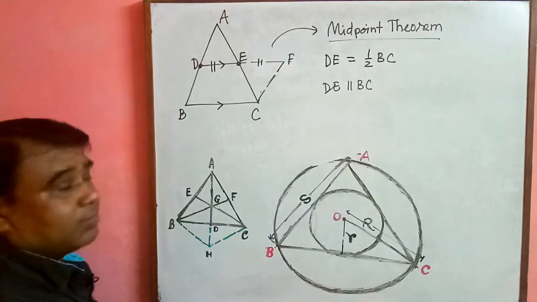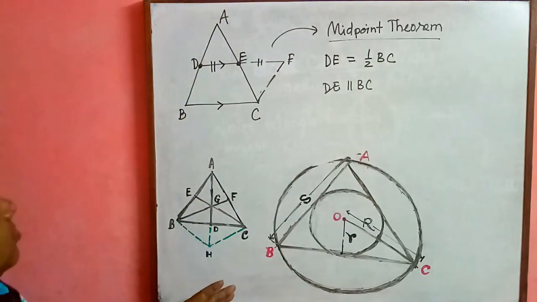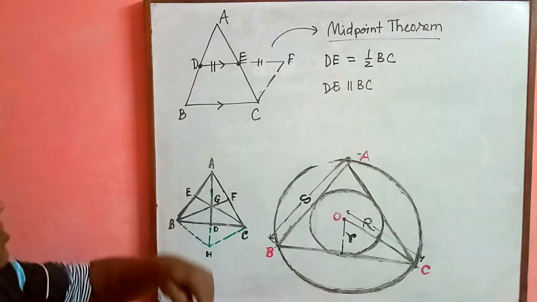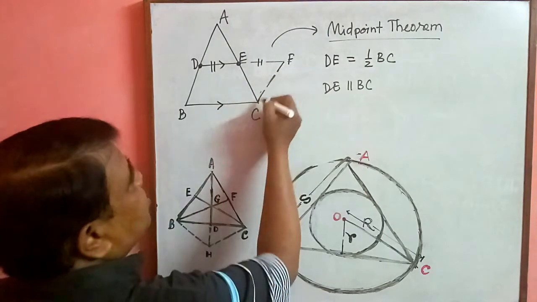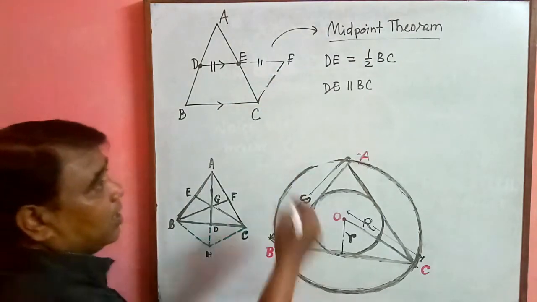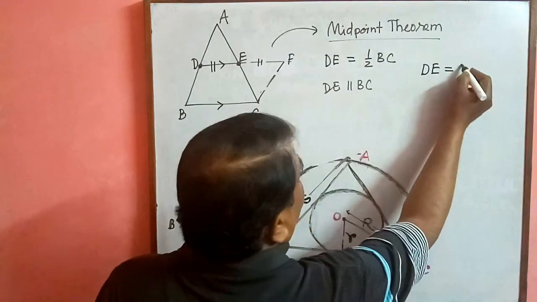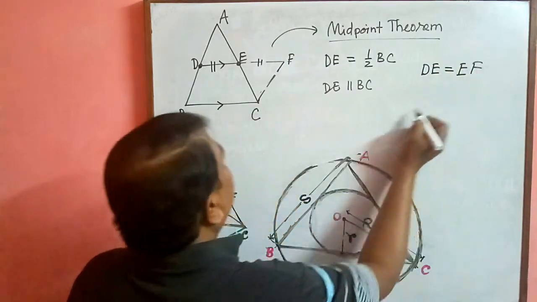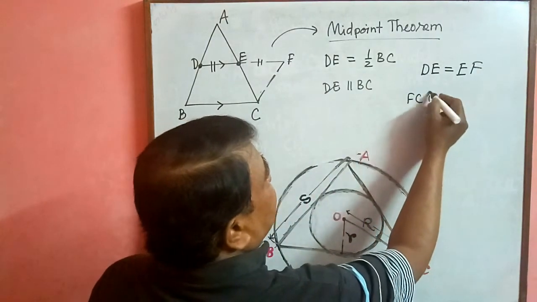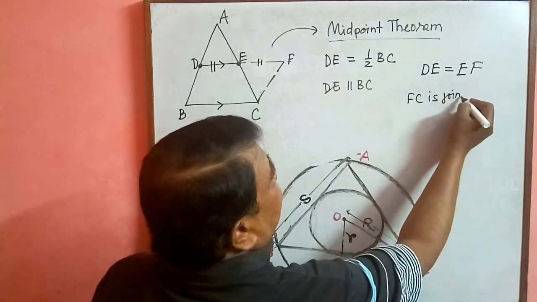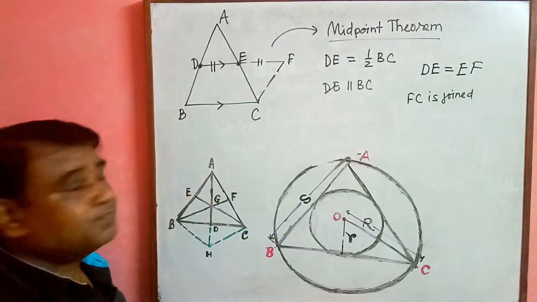We are constructing in such a way that DE is equal to EF, and FC is joined. This is the construction we need for this theorem to be proved.